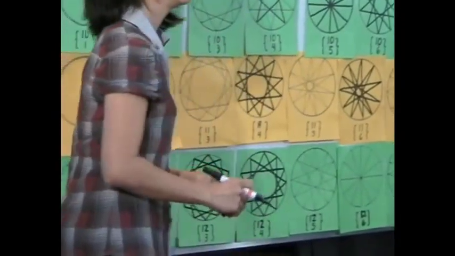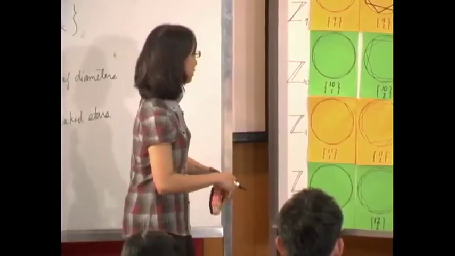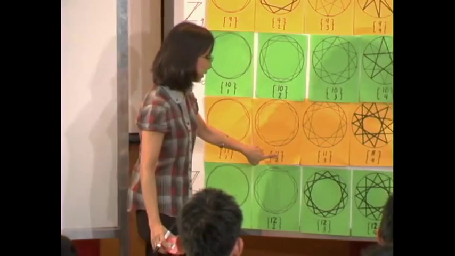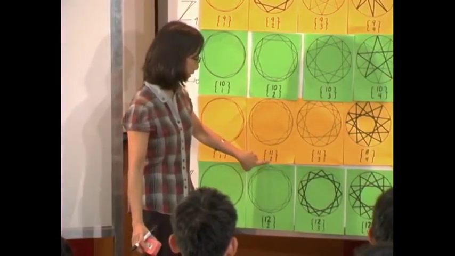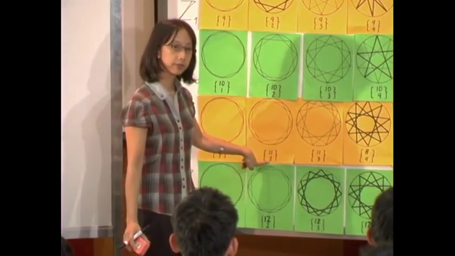So can you make any generalizations? What can you say about this number here and this number here? Does it have something to do with odd and even? Let's see.